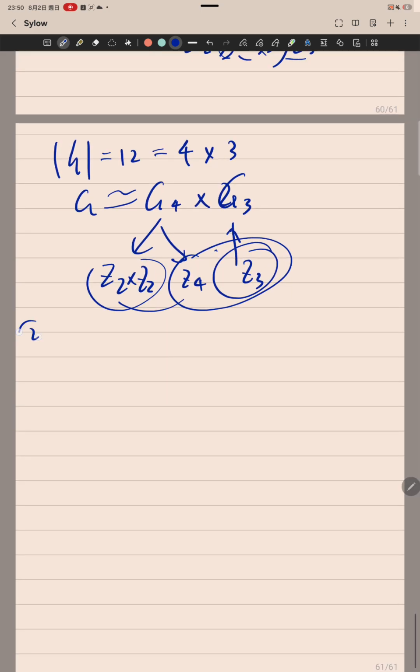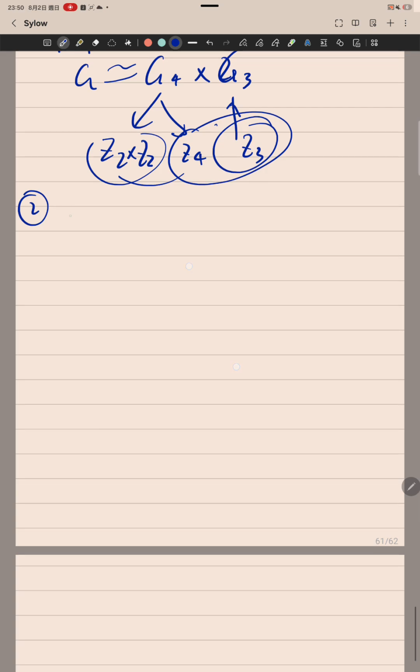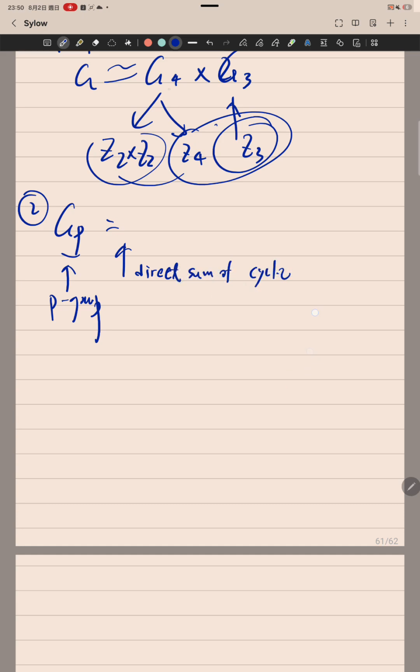The second part is the most technical part: each p-group is a direct sum of cyclic groups. Basically, if this is G4, then it can always be broken into a direct sum of cyclic groups, either Z2 times Z2 or Z4.